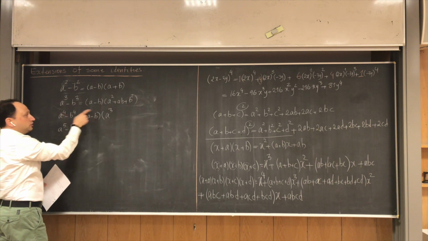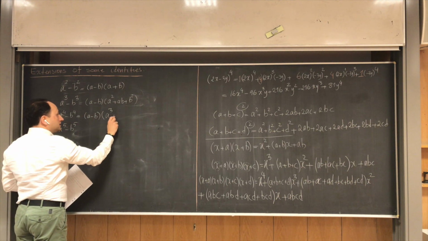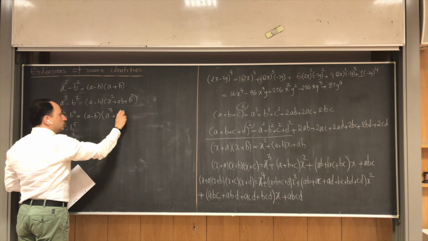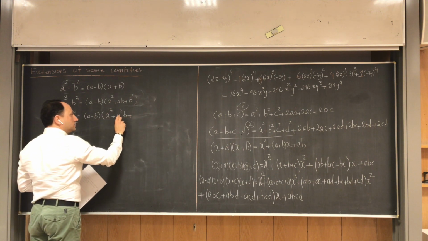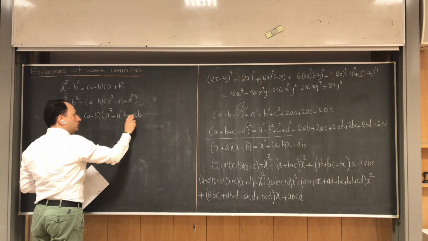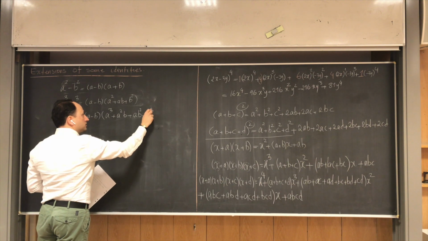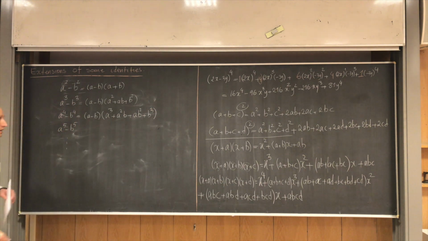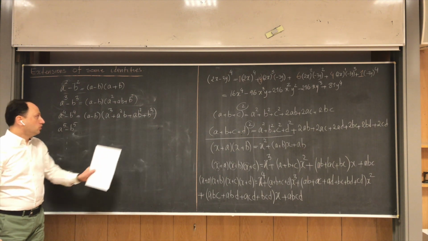So you have power 4, you start with power 3. Okay? And then it becomes plus. The next one is a^2. You increase the exponent of b. And then again, you decrease the exponent of a by 1, increase the exponent of b by 1. And then it becomes b to the 3. And then you stop. Of course, it is possible in this special case that you can continue more.